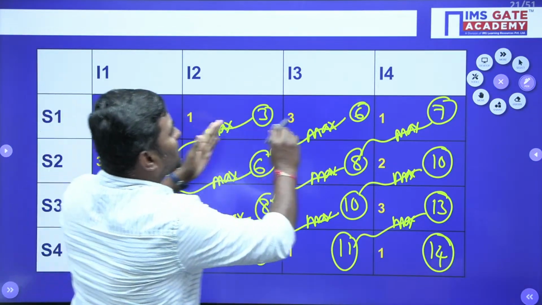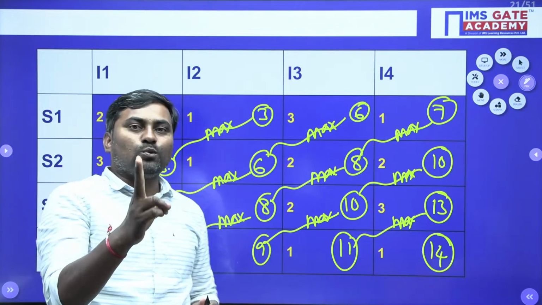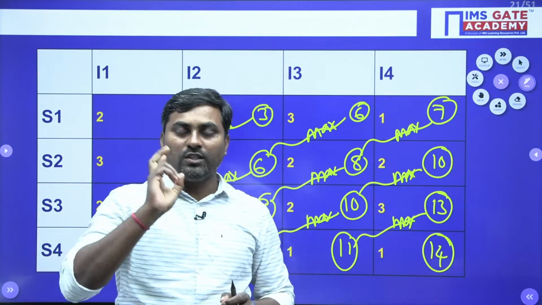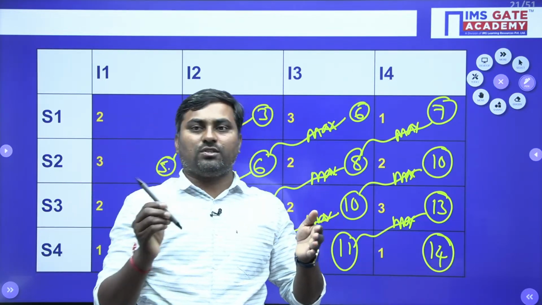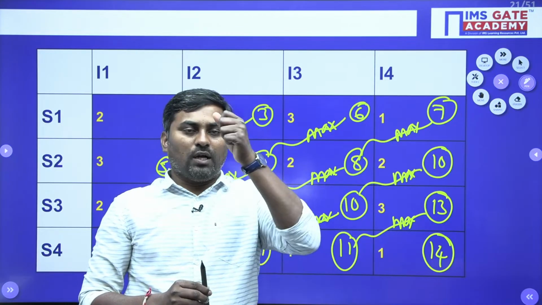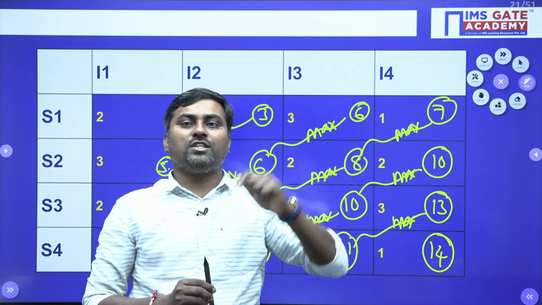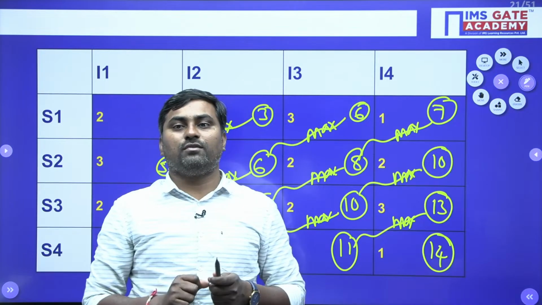Now, row updation over, column updation over, then how are you taking the maximum, sir? So, there are two things you need to understand. Whenever you want to allocate any stage to an instruction, that instruction should be free from its previous stage work, and this stage should be free from the previous instruction's work.